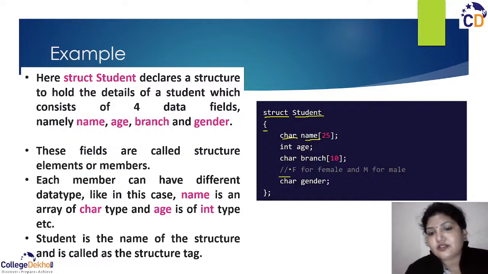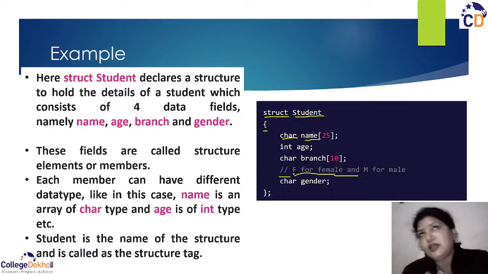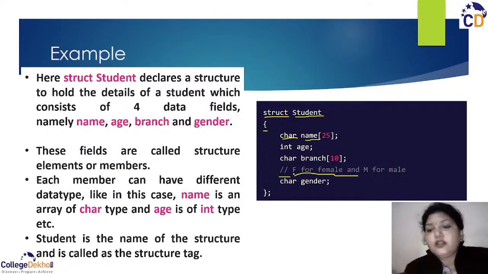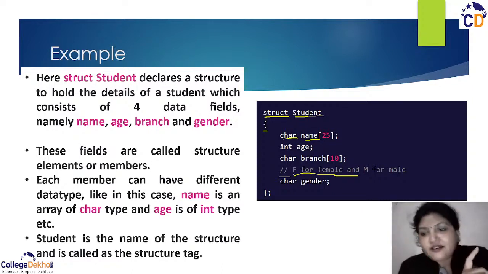Double slash is used for comments, just for referencing. We are saying that F stands for female and M stands for male, so only a single character is required, no need for an array. Then just close the brace and give the semicolon. So this is how we define a structure.